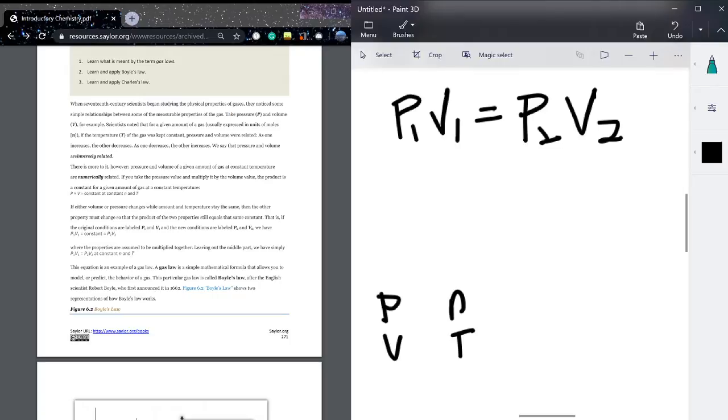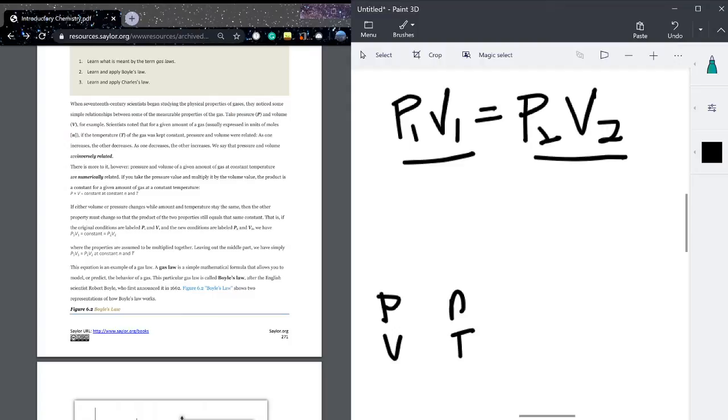These are the representative letters for them. When moles and temperature are kept constant, the pressure times volume of one combination is equal to the pressure times volume of the other.